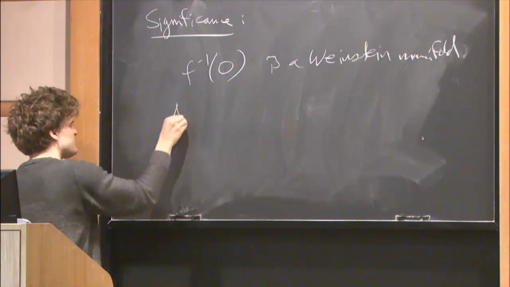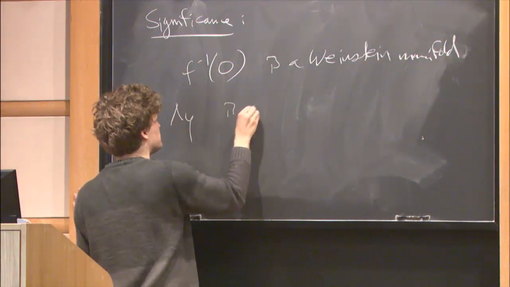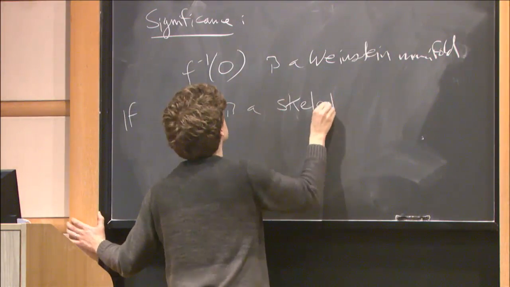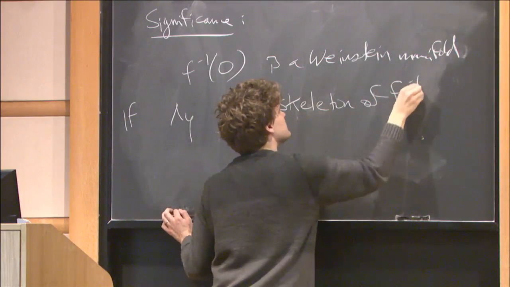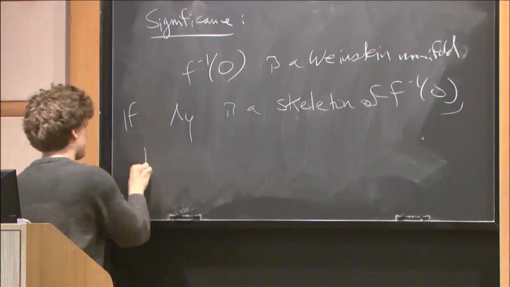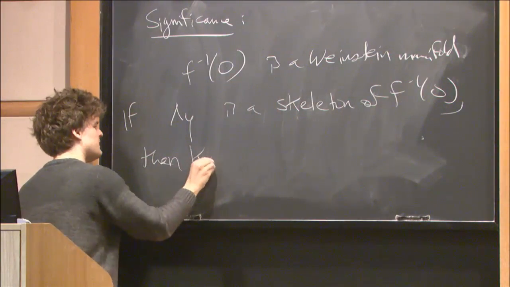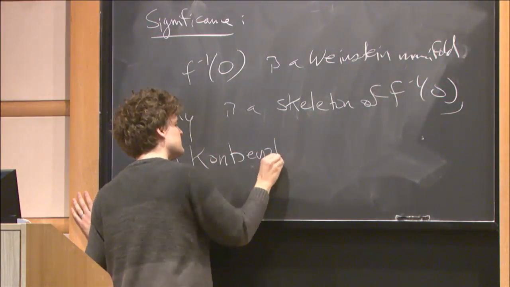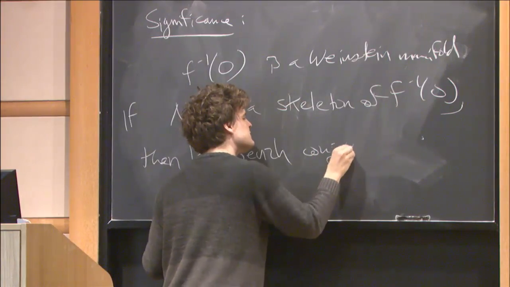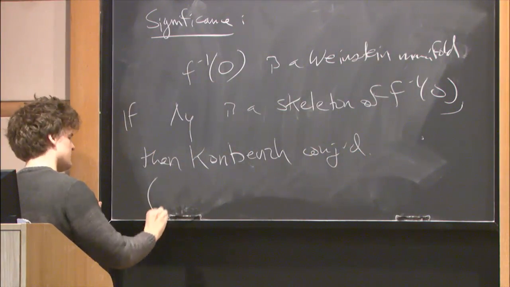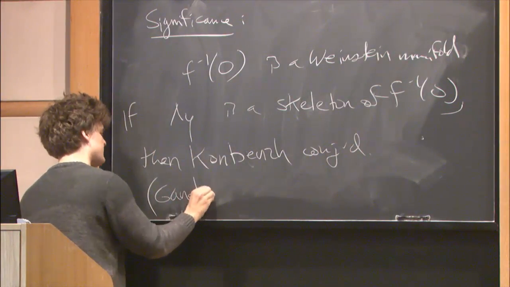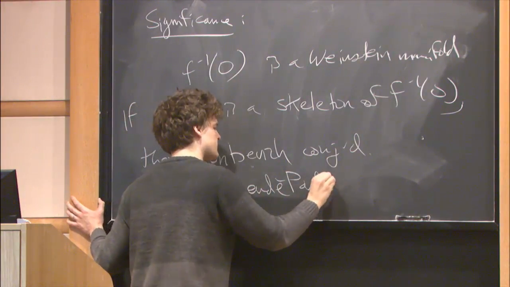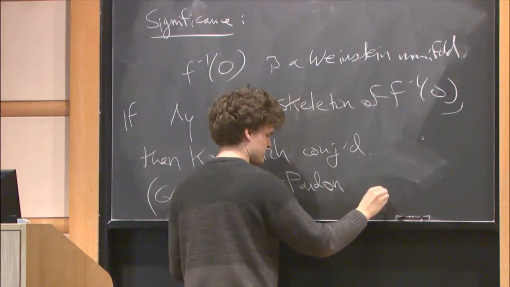So hopefully this lambda sub Y is a skeleton of this Weinstein manifold, then Kontsevich conjectured, and maybe Ganatra, Pardon, and Shende are working on proving it.